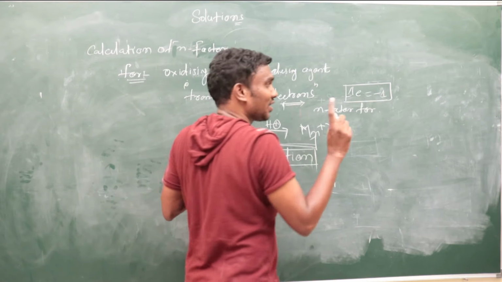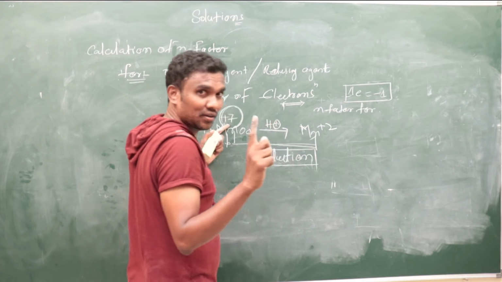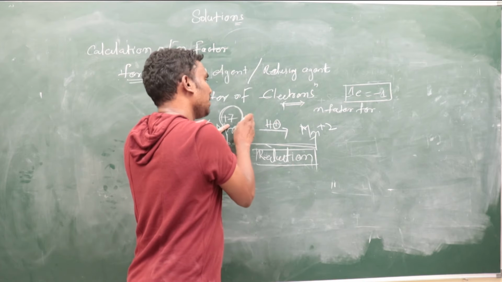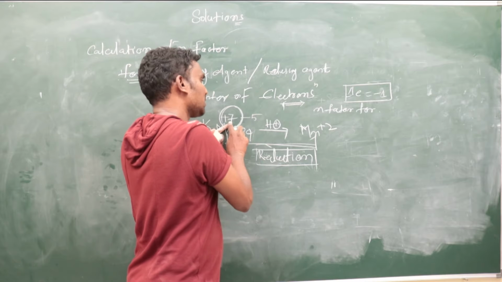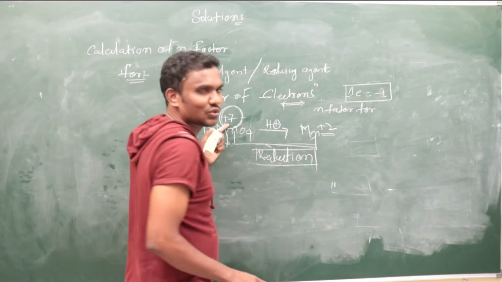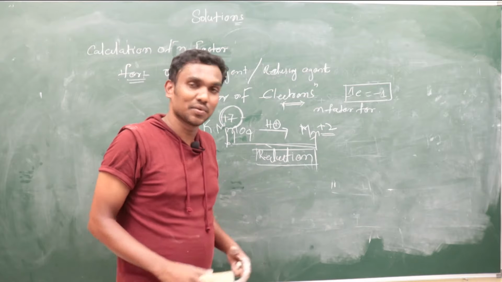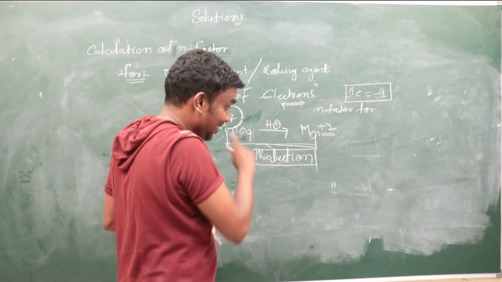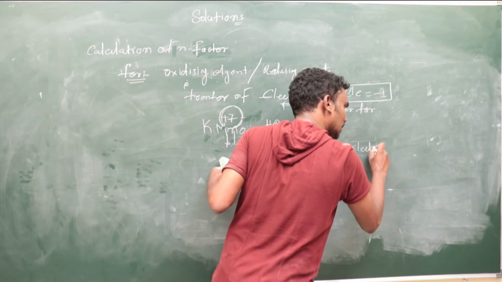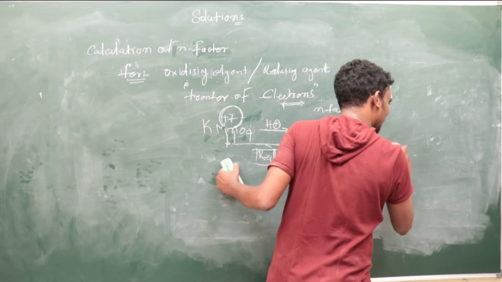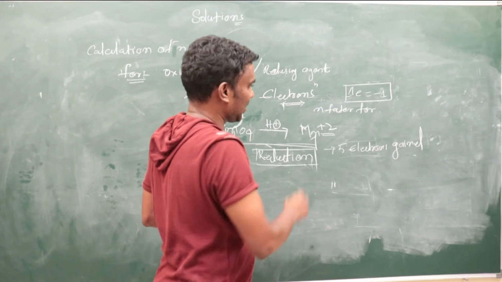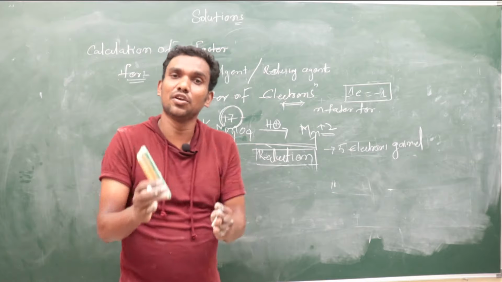Why? Because one electron is considered as -1, so 5 electrons gained means -5. +7 -5 gives +2. So from here to here, 5 electrons are gained. This is called reduction: the gaining of electrons.